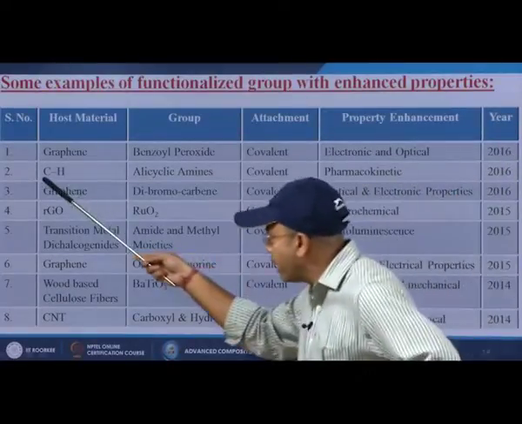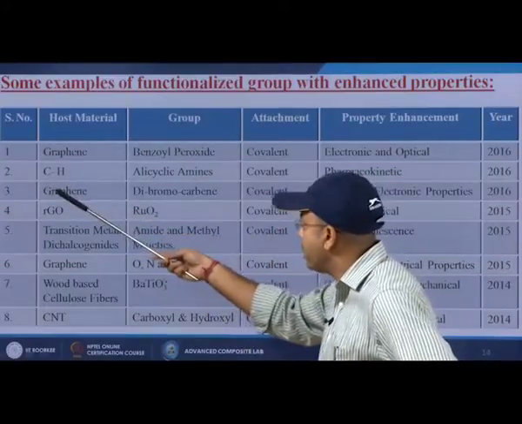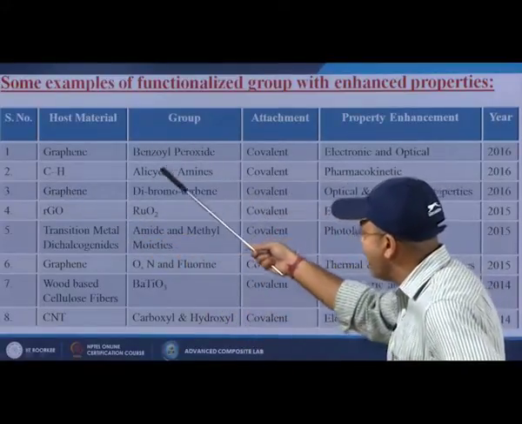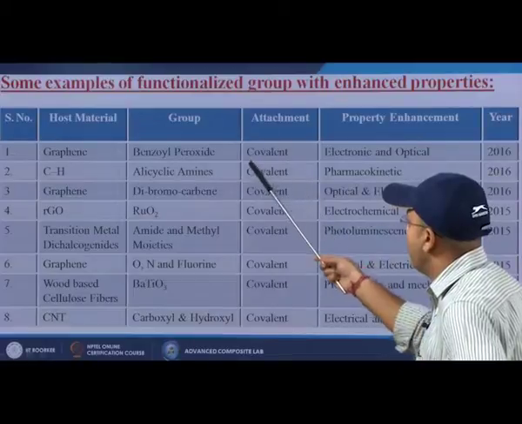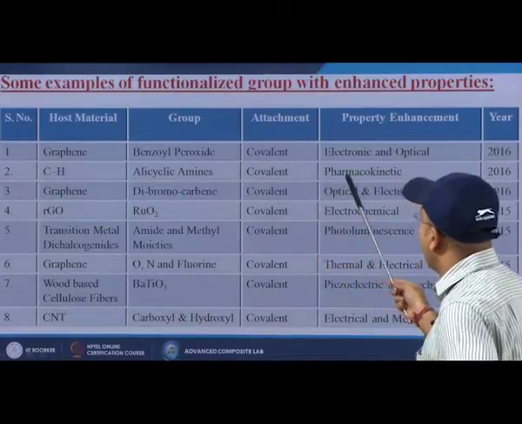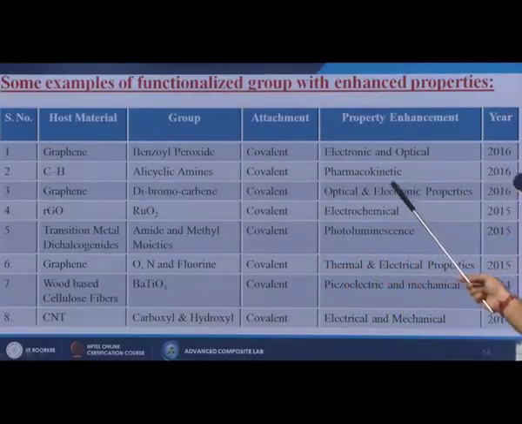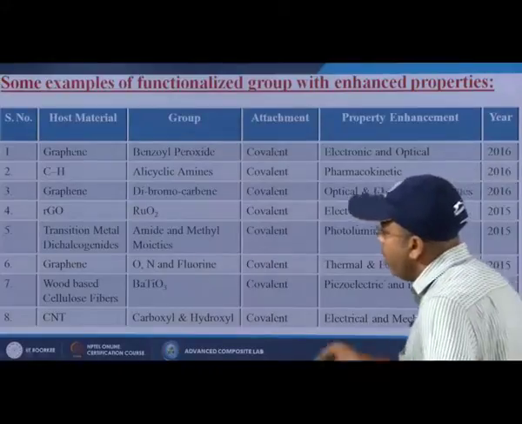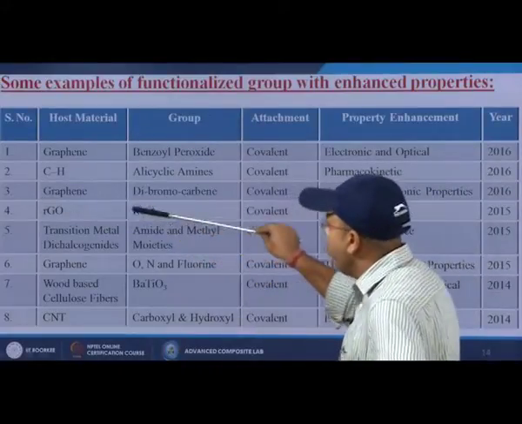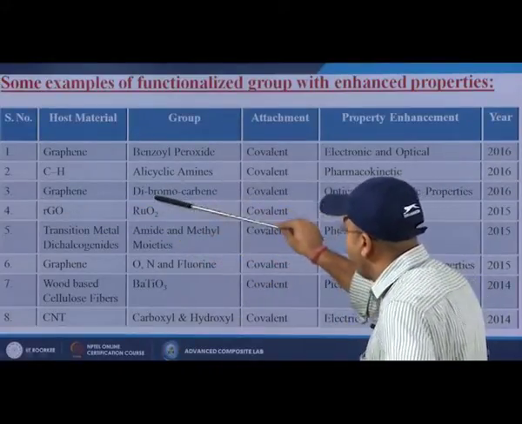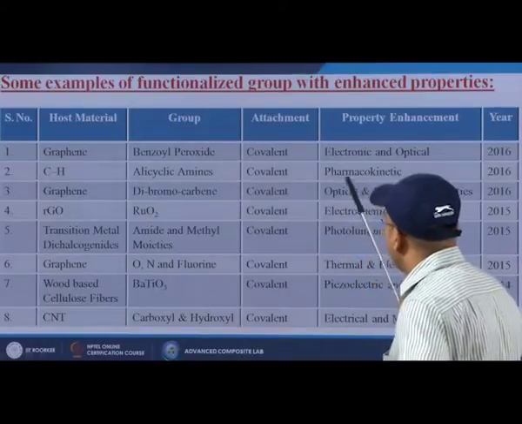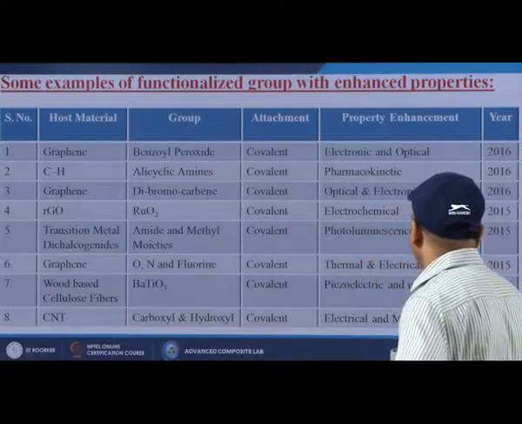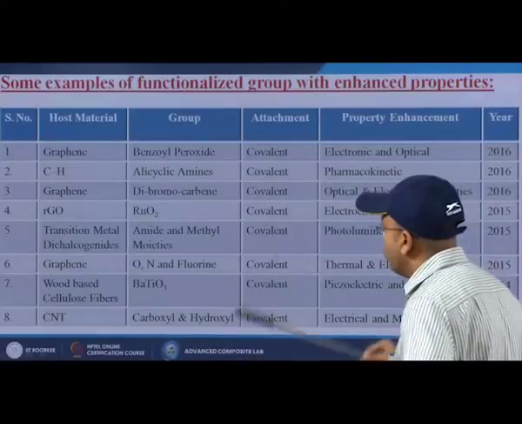When we are talking about the carbon hydrogen host materials, we are attaching alicyclic amines, also by covalent bonding, with pharmacokinetic property enhancement. It was also done in 2016. When we are talking about graphene, we are using dibromocarbene and the attachment is covalent, generally enhancing optical and electronic properties. It was done in 2016.